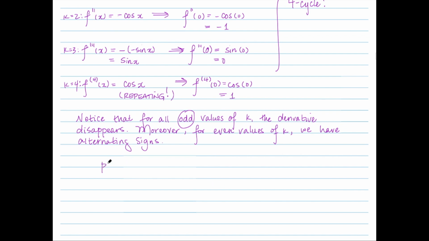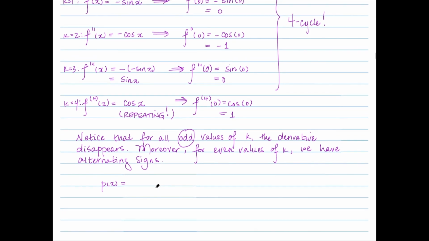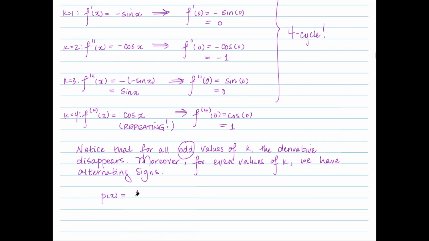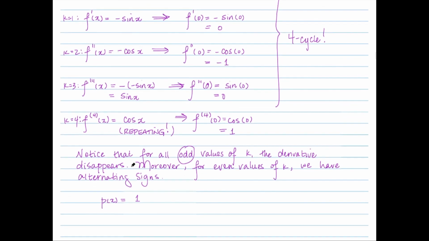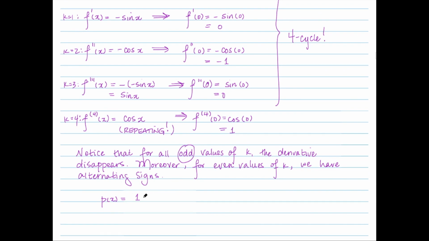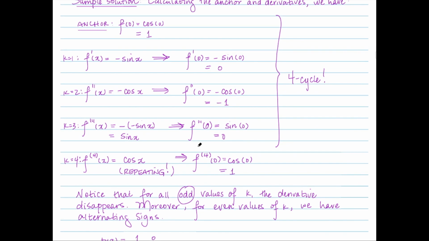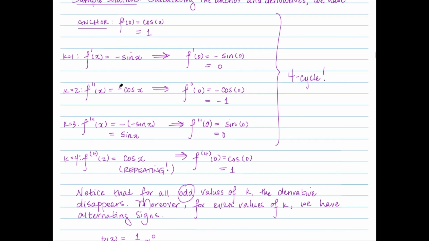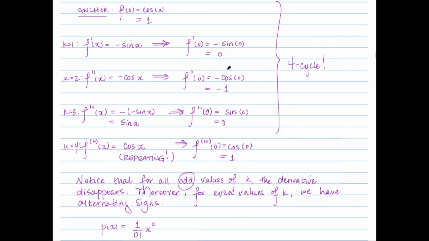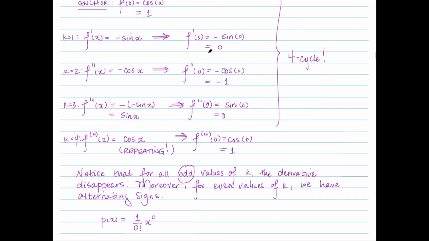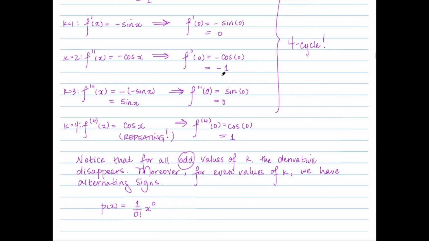So our p of x, our series, is going to look like, we're going to have our anchor, so it's going to be a 1 over 0 factorial times x to the 0. And then if you want to write it all out, that's totally fine. That's a great way to make sure you don't lose anything. And then from there the odd guy disappears, and we jump right to the even guy.